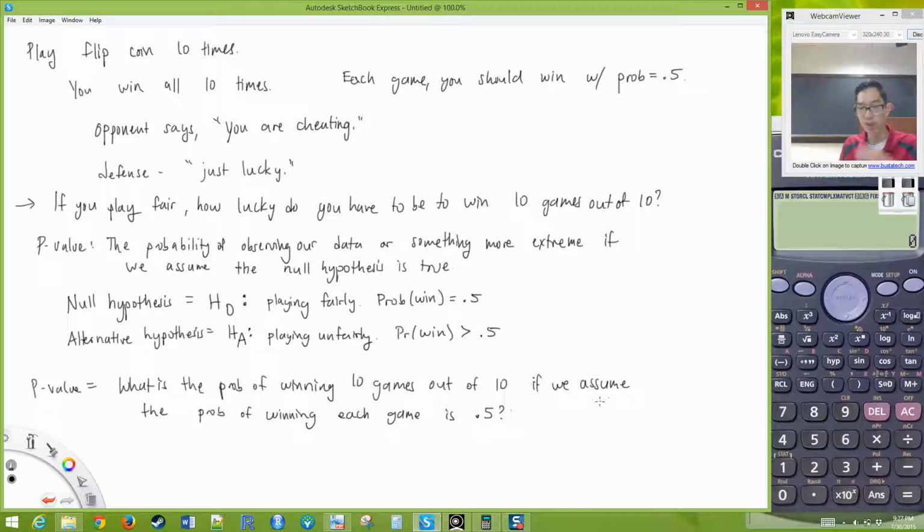Okay? That's what we did last time, right? We asked, what's the probability of winning 3 games out of 3 if we assume the probability of winning each game is 0.5. Okay, and so the same concept applies here.